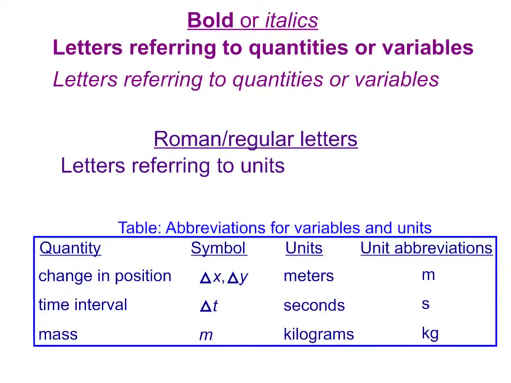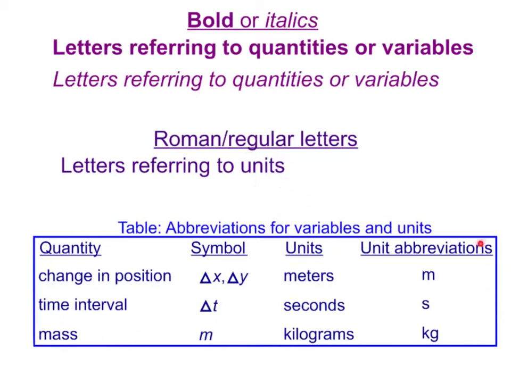Well, typically, if the letter is written in bold or in italics, it's referring to quantities or variables. So that m in that previous equation was written in italics, so it was referring to mass. It was a variable or a quantity that it was representing. If the letters are just regular Roman letters, they're not bold or italicized, they're just referring to units.